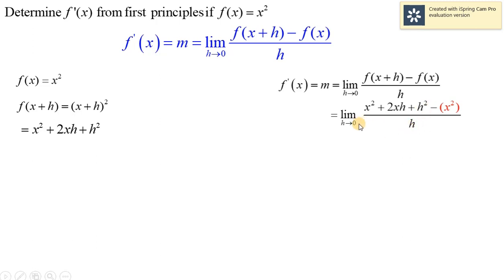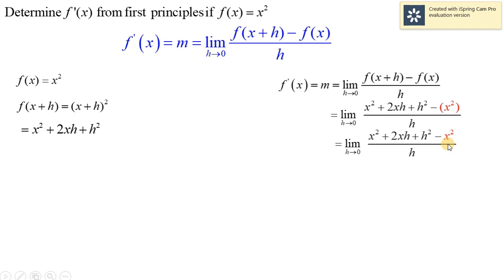As you go down, you will continuously keep the limit as h approaches 0, and you will take it away almost at the last step where you substitute the value for h. All I need to do is simplify the numerator. If I simplify the numerator, I remove that bracket, and that becomes minus x squared.